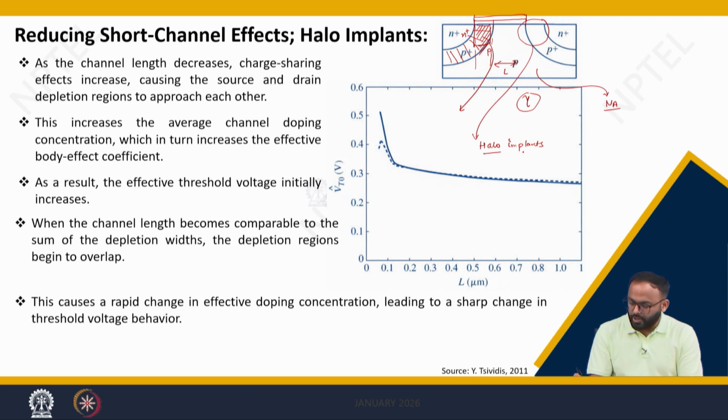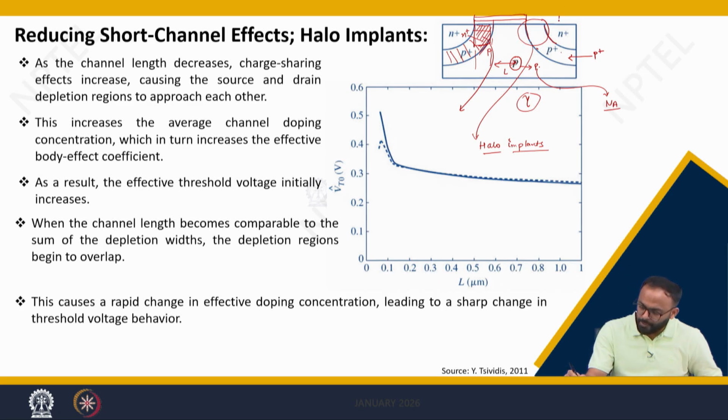This can be done by ion implantation, where near the source and drain region we provide heavy doping, but the rest of the channel is only p type semiconductor. Here it will be P plus. P plus means the doping will be higher.